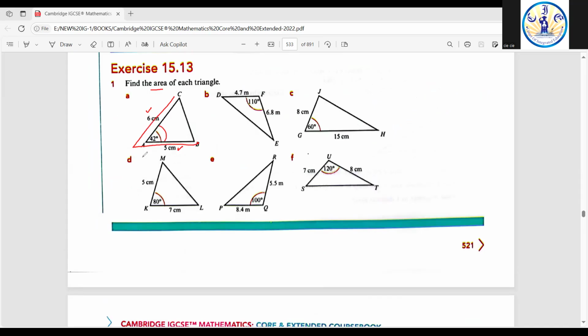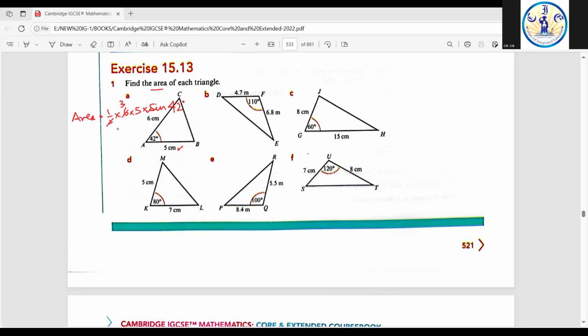Also, the included angle is known. So it is now a straightforward method to apply the formula half times one side, the other side, times sine of the angle in between, that is 42 degrees. So we can easily cancel them up. Threes are, so we get 15 now.